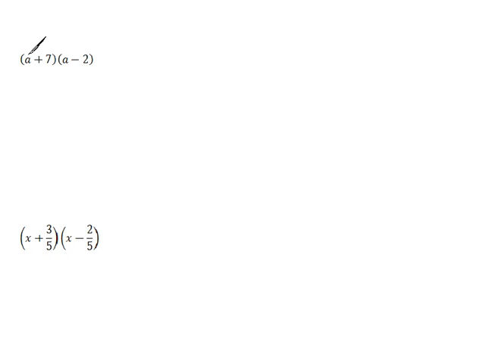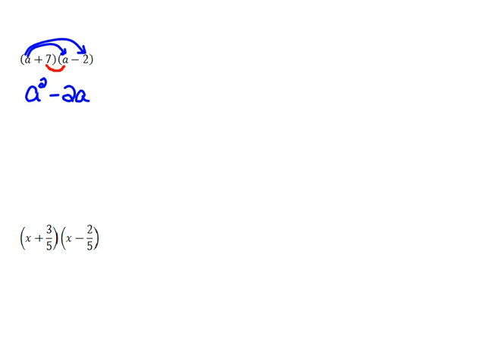We're going to start off by distributing this a throughout the parentheses to the next binomial. So a times a would be a squared, because remember, multiplying like bases, we have to add the exponents. And a times negative 2 would be negative 2a. Now, we have distributed this a completely to that second binomial, so we're done with it.